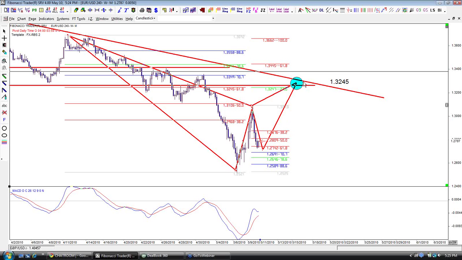Now, once this pattern is completed and we are in a downtrend, I won't be looking for any more bullish patterns.